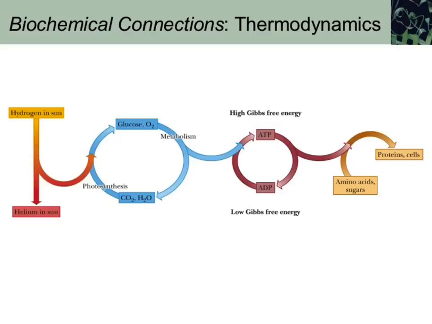Helium. How did we get helium? What is helium? Helium is 2 protons. How do I get helium? Well, I take 2 hydrogens and I smash the 2 hydrogens at each other hard enough that I fuse them.